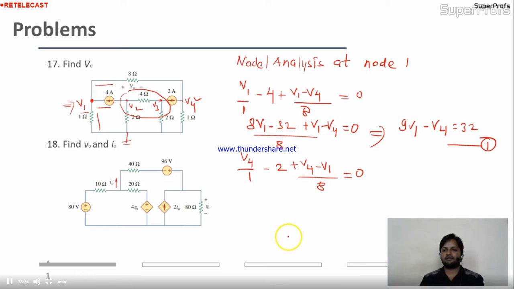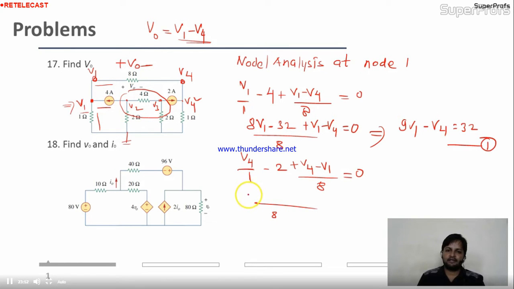See, 2 equations, 2 unknowns only, V1 and V4. Once you find V1 and V4, you can easily find V naught, because V naught is nothing but V1 minus V4. See the polarity: this is V naught given in the circuit, the potential difference between these 2 points. Here the voltage is V1, here it is V4. V1 minus V4 is nothing but V naught. I hope it's clear to you.